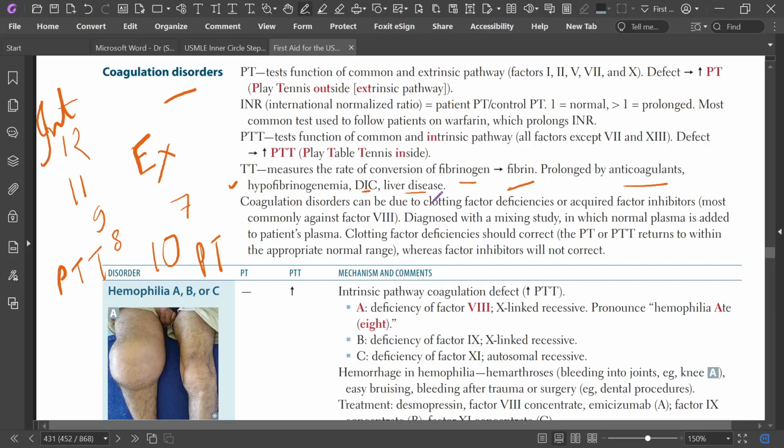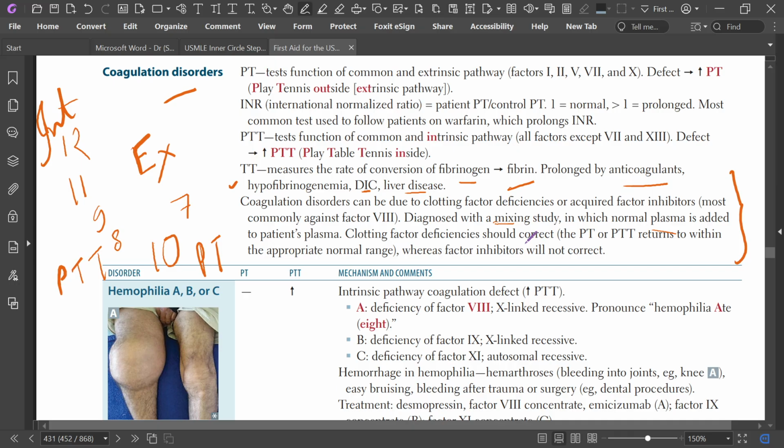Coagulation disorder can be due to either clotting factor deficiency or acquired factor inhibitors. This part is very high yield. It is diagnosed by mixing studies, in which normal plasma is added to the patient's plasma.